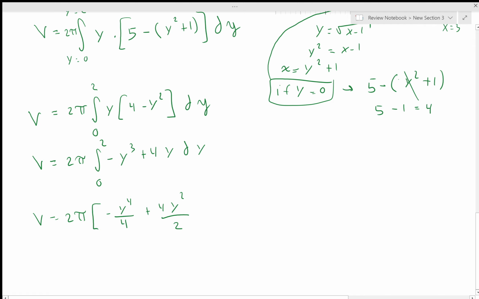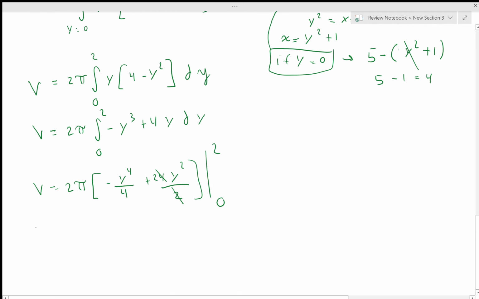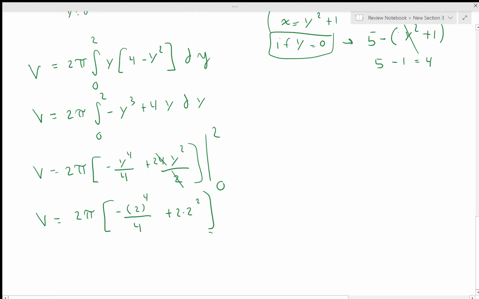Y to the 4th over 4 plus, just keep the 4, y squared over 2. We can see 2's cancel out. We have a 2 here. And we're going to go from 0 to 2. Volume is equal to 2 pi times my quantity, negative 2 to the 4th over 4 plus 2 times 2 squared, which would be 2 to the 3rd, but a little bit simple math there, so that's okay.